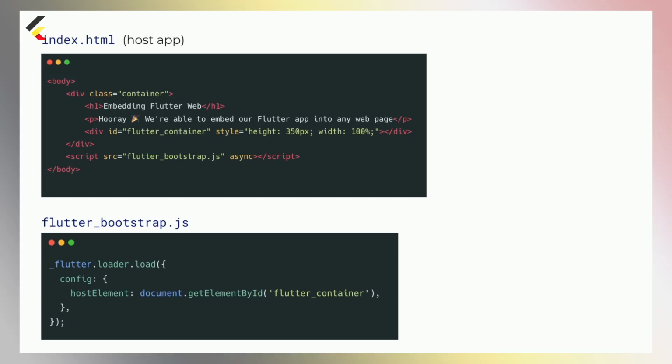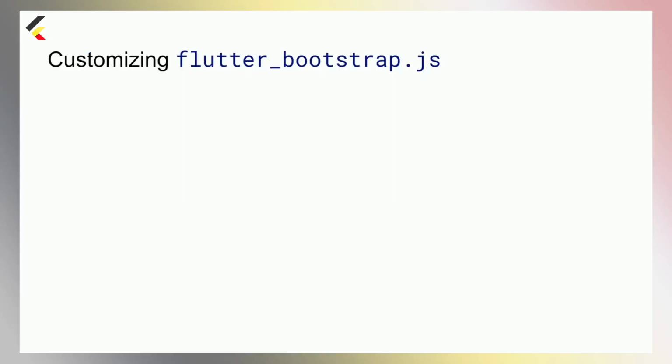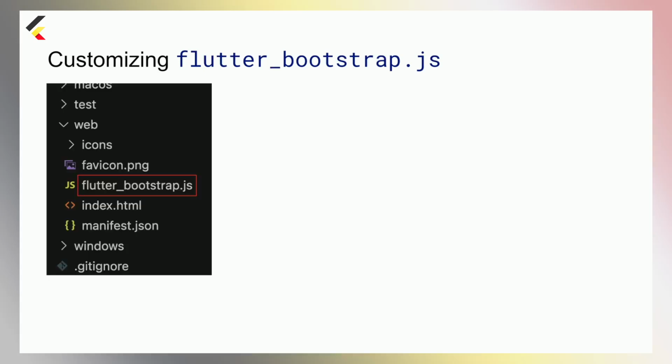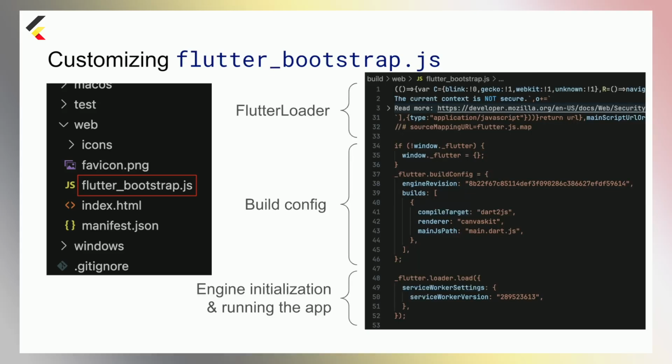Now, obviously, we don't want to make a manual change every time we run a new Flutter web build, so we can actually customize this bootstrap file as well. So by adding the bootstrap file into our web directory, we can start making changes to it. So we don't need to have this whole generated piece.